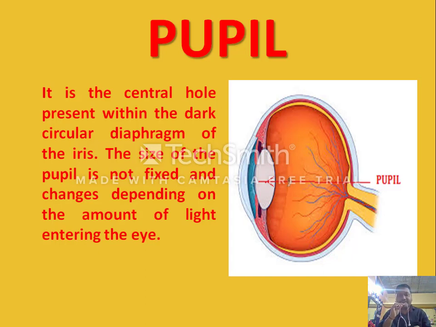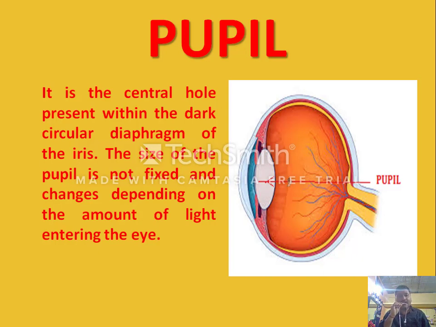If more and more light enters the eye, it can harm the eyelids as well as the retina. It can burn the retina and the eyelids. So in order to save them from a large amount of light, the size of the pupil is changed according to the amount of light, so that the optimum level of light can enter the lens.